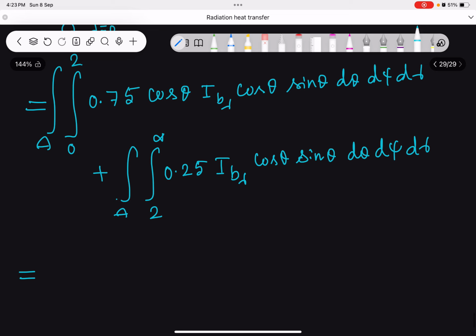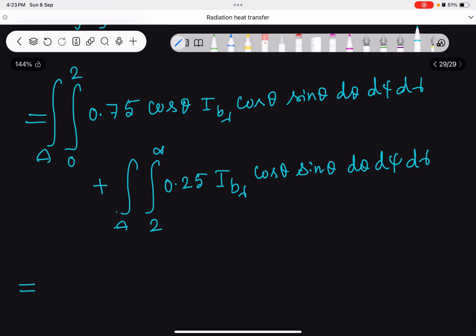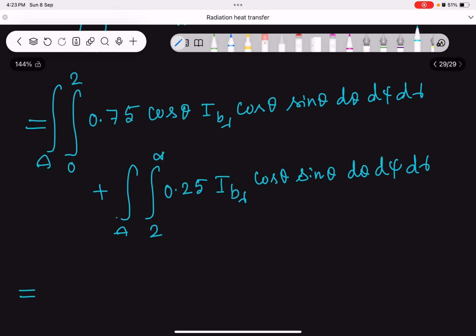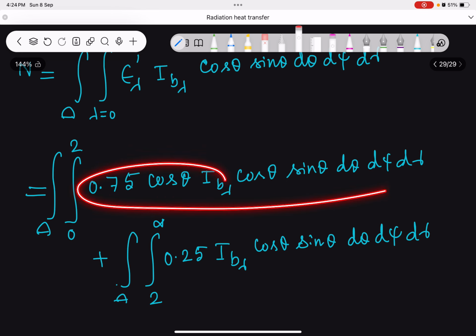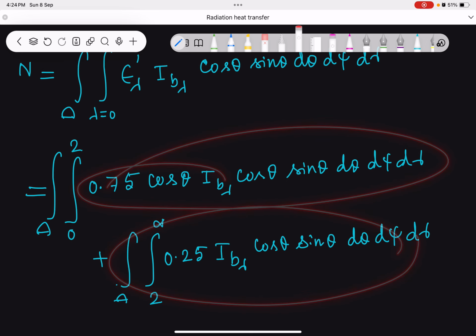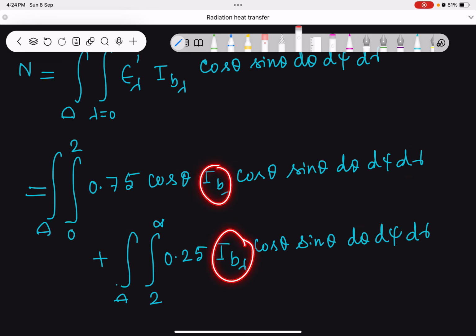So now let us see. You still have to take care of the fact that this is a function of lambda anyway. But now, in these expressions, I have only I b lambda as a function of lambda.